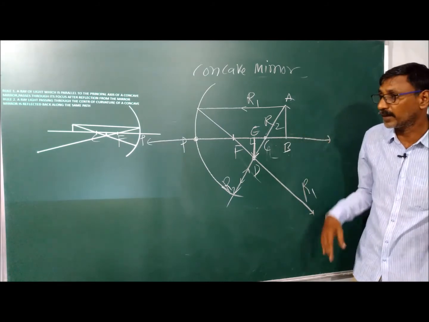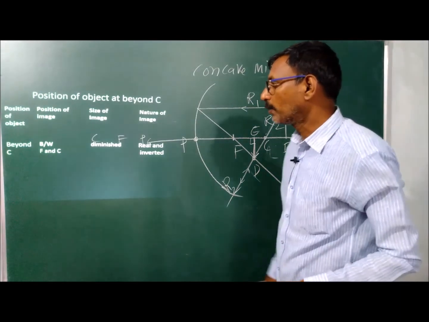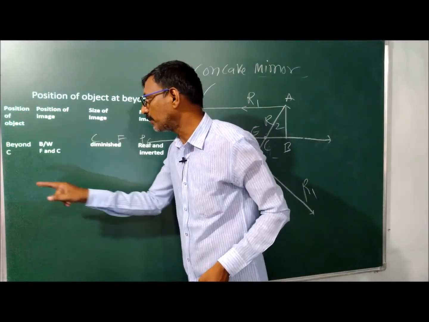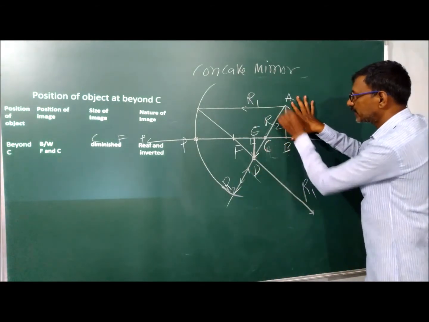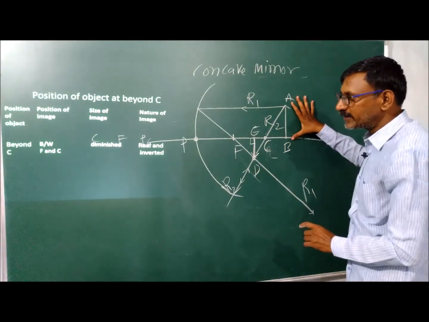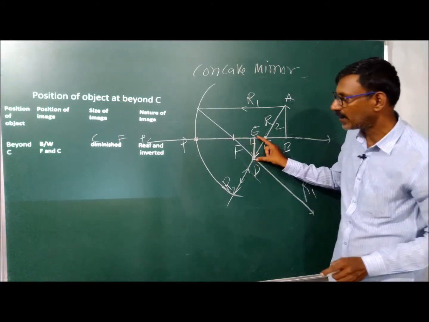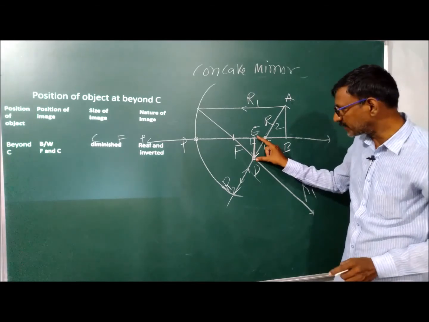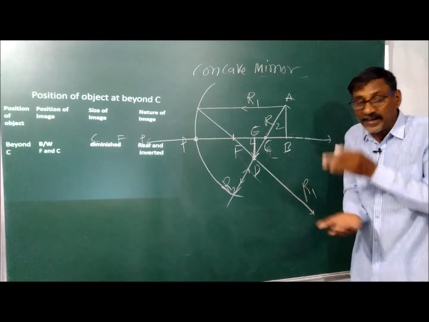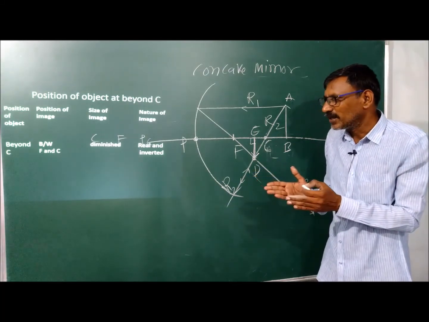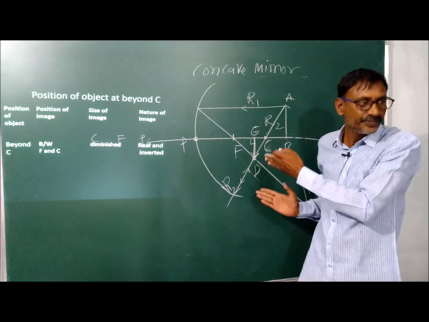This is very, very important. Yes, this is the position of the object beyond C. This is my C, this is my AB. The position of the image lies between F and C. The image is diminished, real and inverted. That means the image can be caught on a screen. Next.